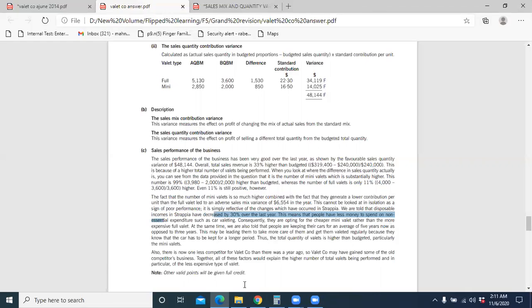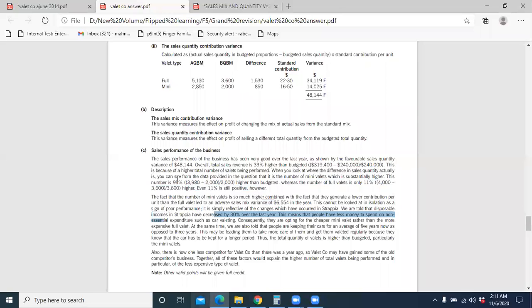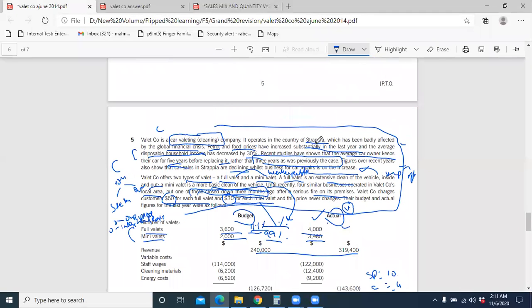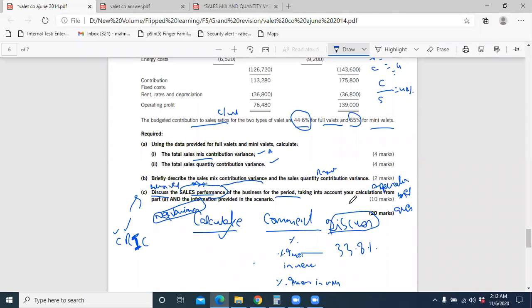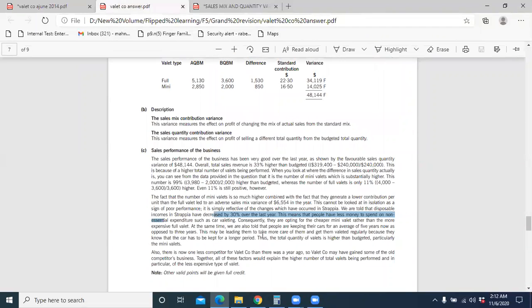If you are not going to mention all these points that I've highlighted here, you would lose easy marks. Look, it was over there. You could have connected your answer and provided that explanation in the discussion scenario. You did the calculation, you wrote a comment, there was an increase and decrease and all that. But while discussing, you need to link the answer with the scenario. That's how the examiner is doing it now.